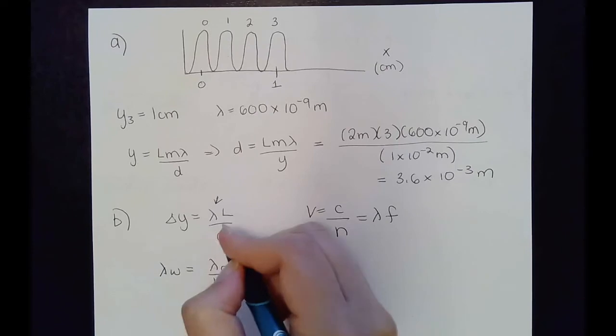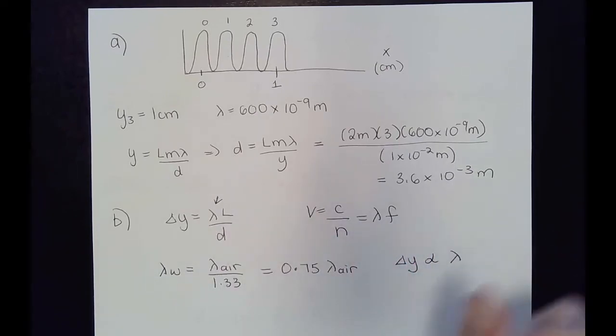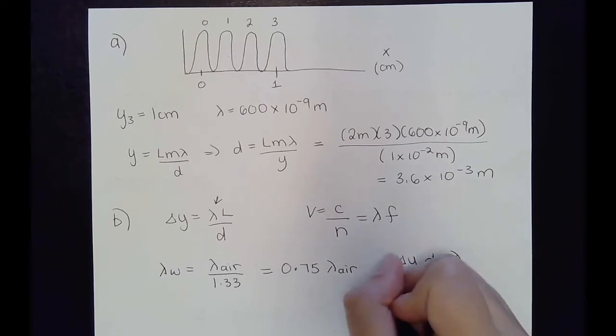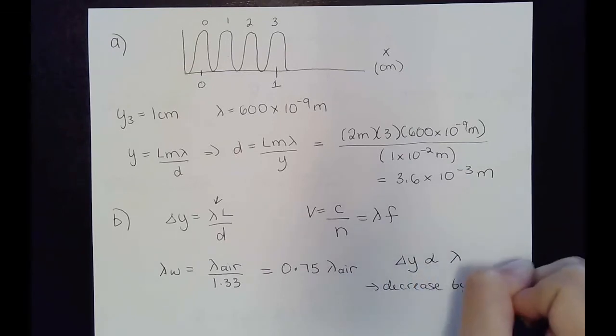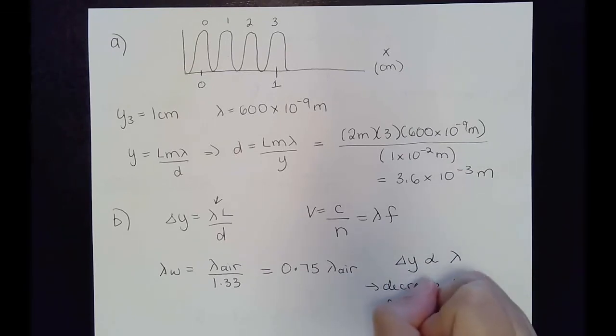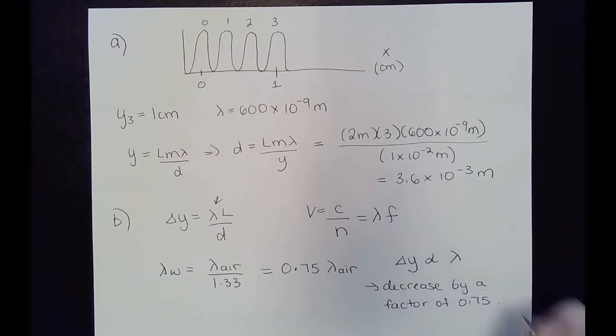And we see from this relationship that the fringe spacing delta y is proportional to the wavelength, so it will also decrease by a factor of 0.75. So the fringe spacing decreases by the same factor as the wavelength.